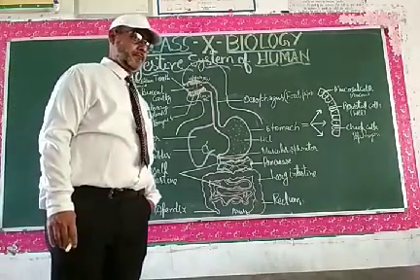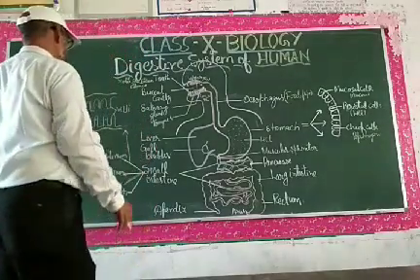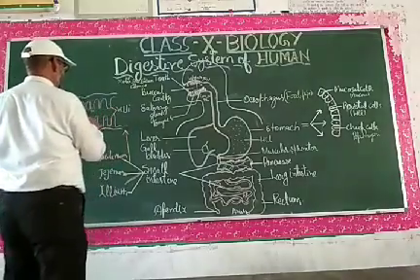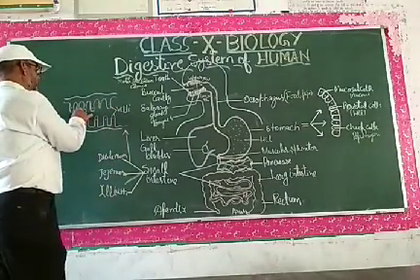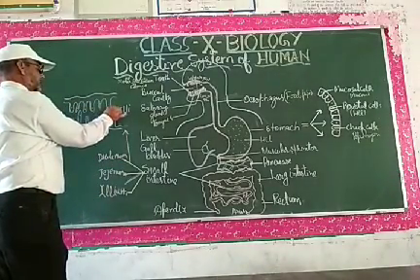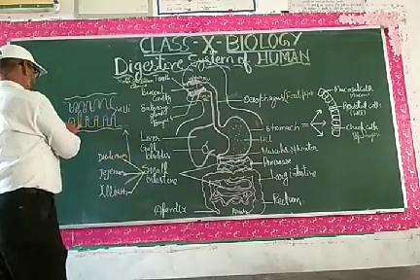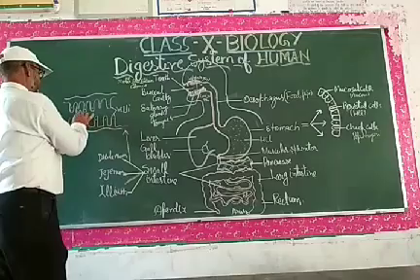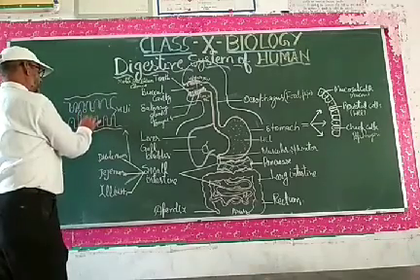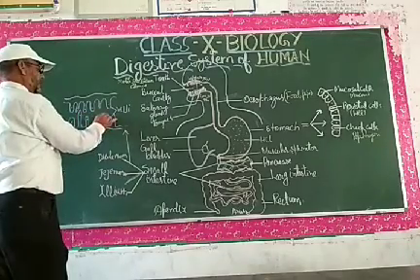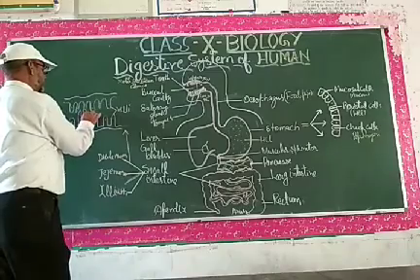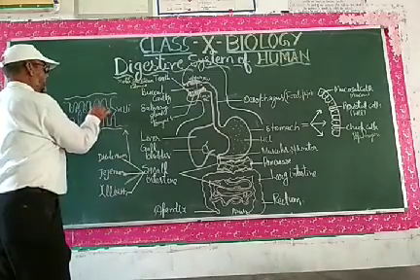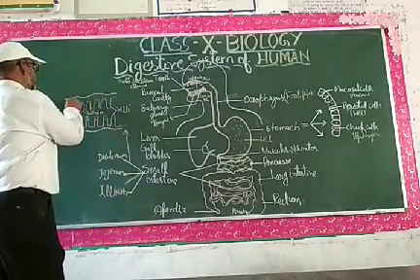These are for the process of digestion and absorption of food. Dear students, this small intestine is internally designed with villi. These villi facilitate the digestion and absorption of the food inside the lumen of the small intestine.